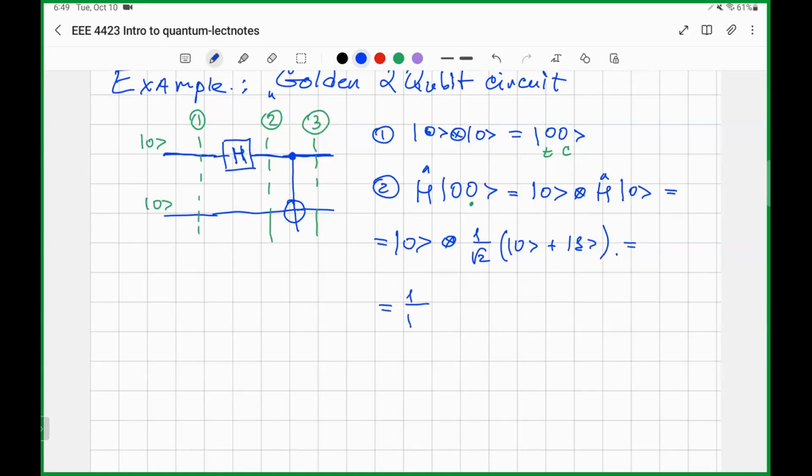So it's going to be 1 over square root of 2, state 0, 0, plus state 0, 1. So this is the state in the second layer of the circuit.